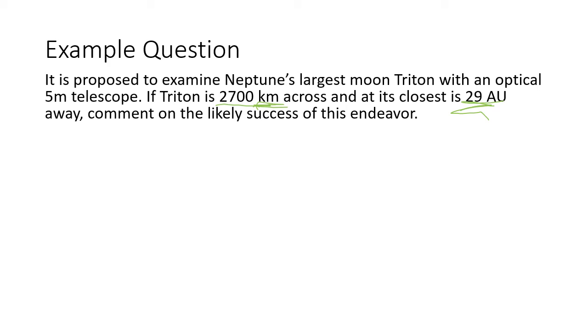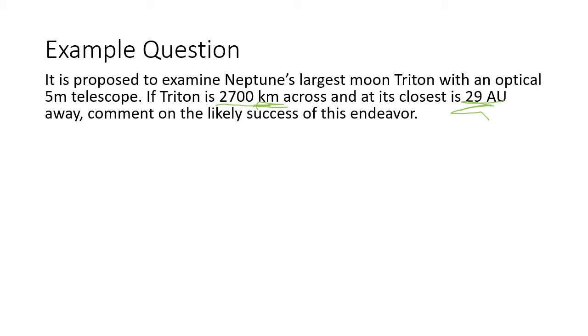Now, because this is astro, we're also going to be using the small angle approximation here. So what I want to know is, what is the angular separation of one side of Triton compared to the other? What's the angular separation of either side of Triton in my telescope? Then I'll compare that with the resolving power of the telescope, and I'll be able to work out whether or not my telescope is good enough to do the job.